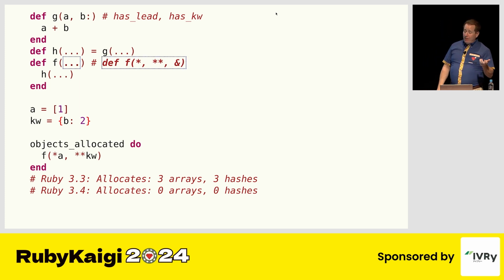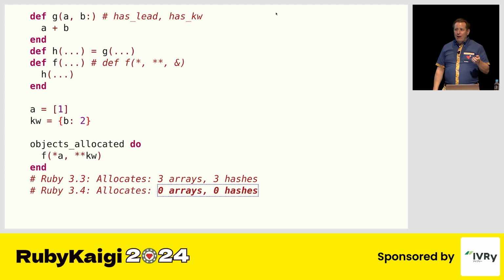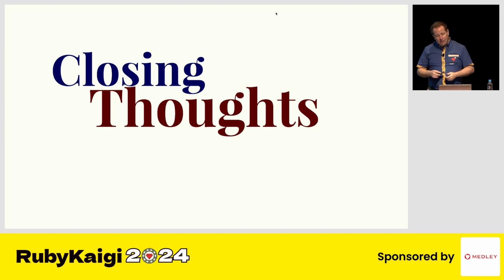So I switched generic argument forwarding to use an anonymous keyword splat internally, and in Ruby 3.4, these calls are also allocationless.